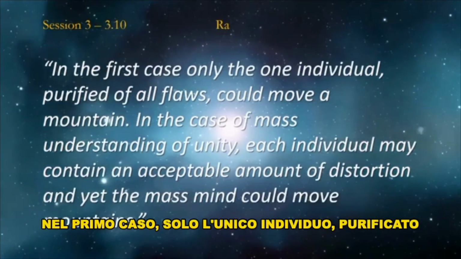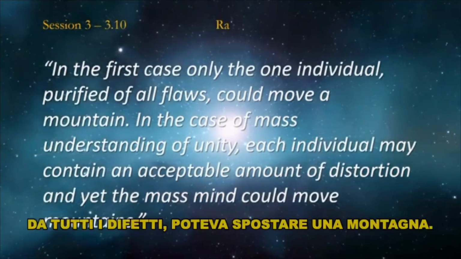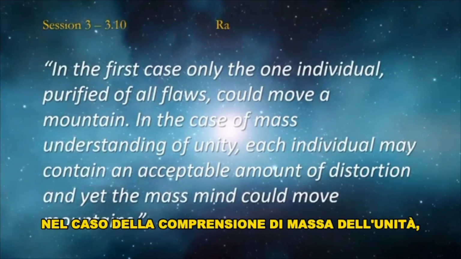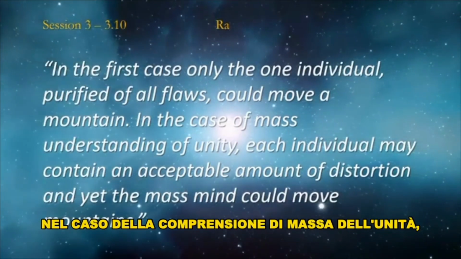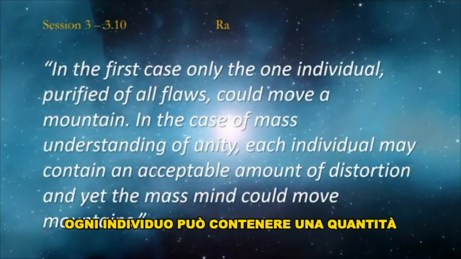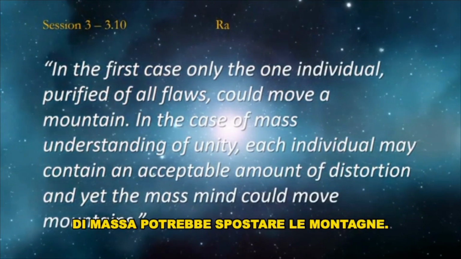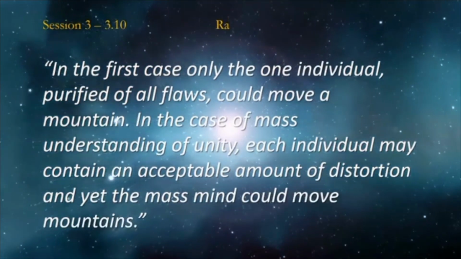In the first case, only the one individual, purified of all flaws, could move a mountain. In the case of mass understanding of unity, each individual may contain an acceptable amount of distortion, and yet the mass mind could move mountains.